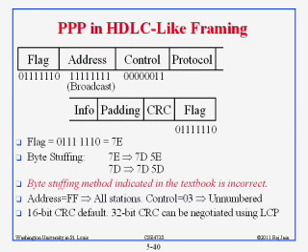There is a bit pattern, a 0 followed by 6 ones followed by a 0. This is the framing character. Whenever that character happens, that means it's the beginning of a frame or end of a frame.